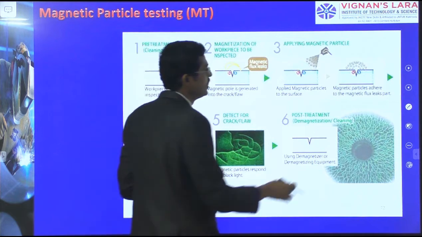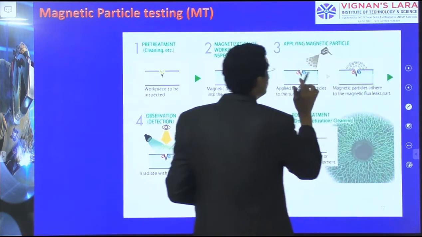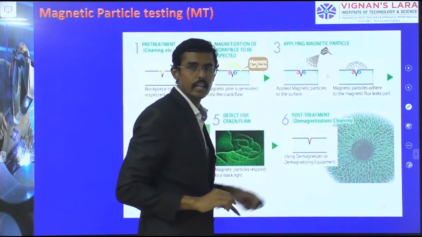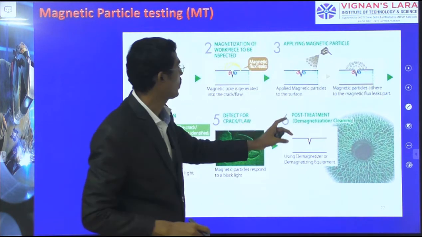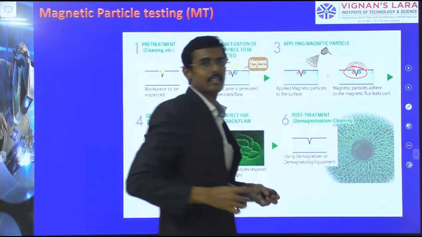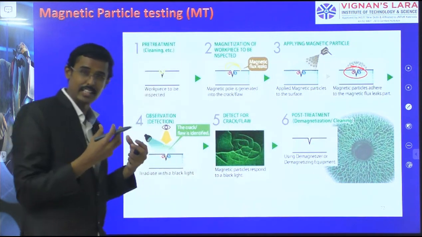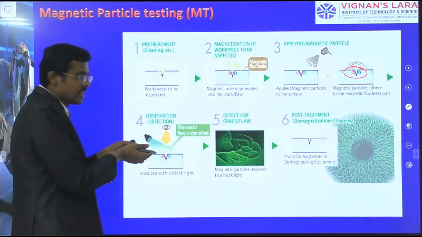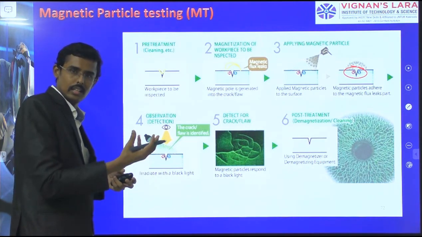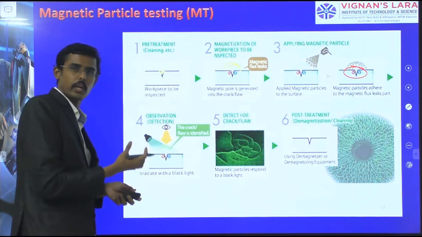After creating the field, we spray the magnetic particles over it. The magnetic particles are attracted towards the crack, the flux leakage gaps, and then we identify them. We see through the light sources, otherwise the colored iron particles will be visible.